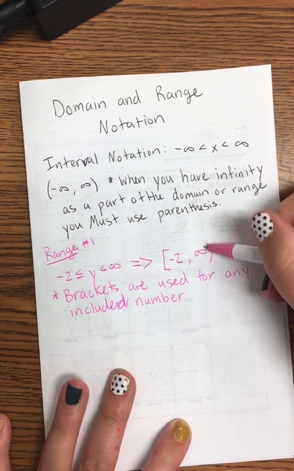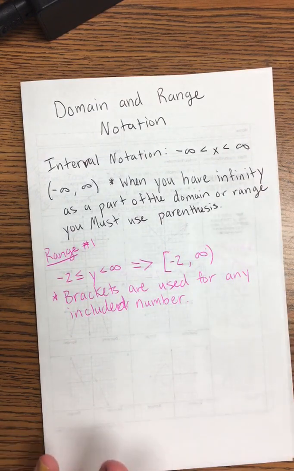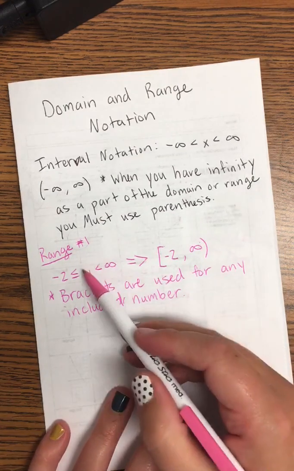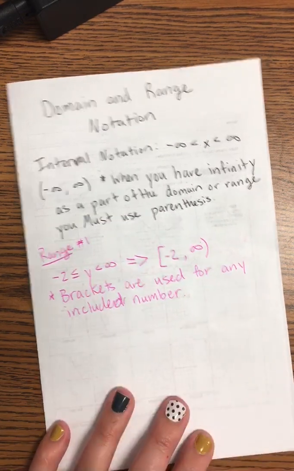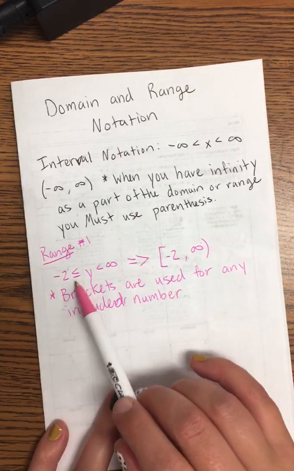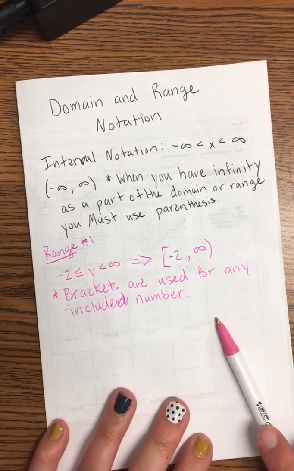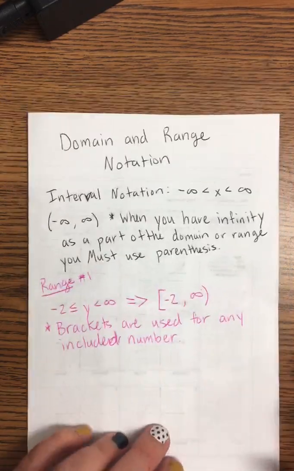Now remember, we said infinity is not a number, okay? It's more of a concept. Infinity, forever. All right, so you only use brackets if you have a less than or equal to. And they can be used on either side. It just depends on where the equal to is. And that's it. That's interval notation. Let's go to number 2.